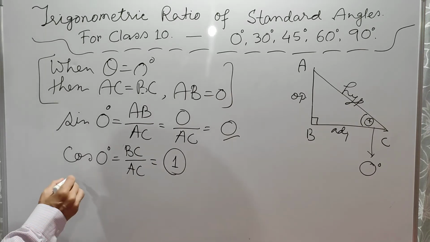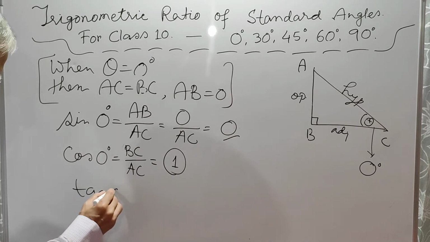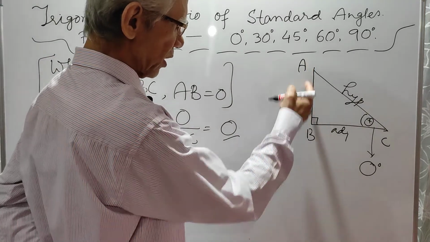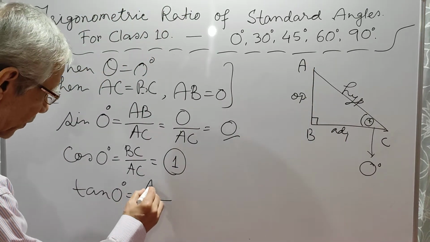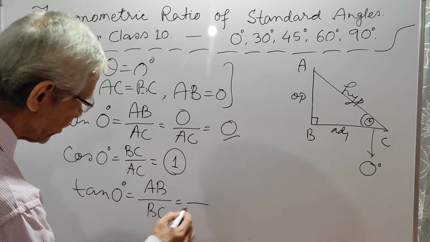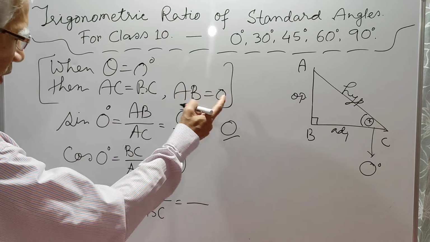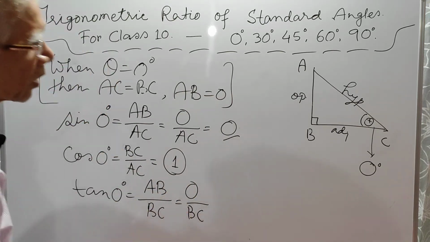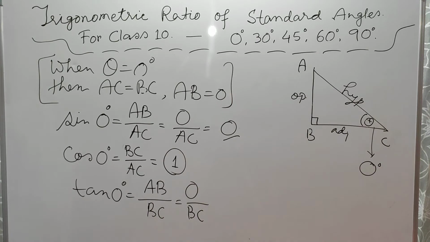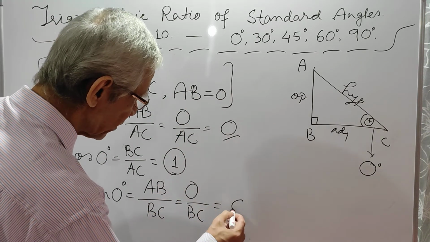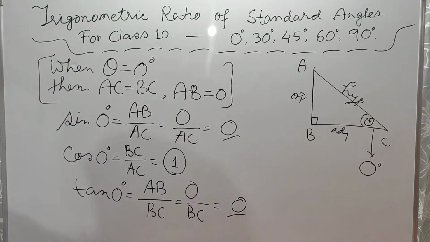Now come to tan 0 degree. Tan is opposite by adjacent, AB by BC. Now AB is 0, so 0 by BC. Anything 0 by anything is 0. So this is the value of tan 0.